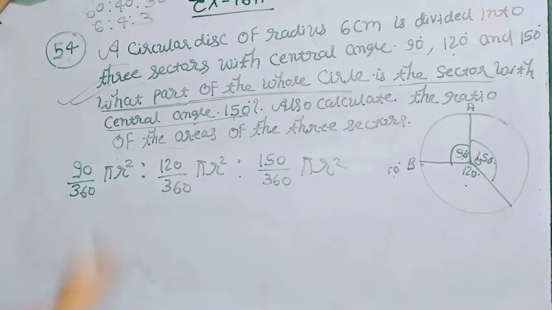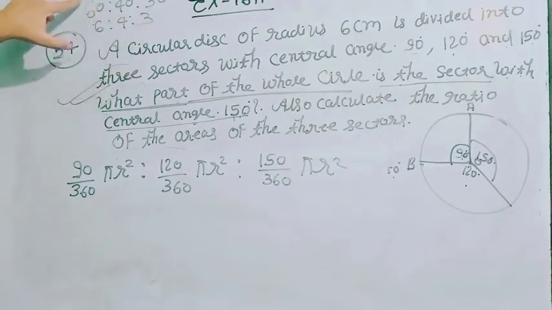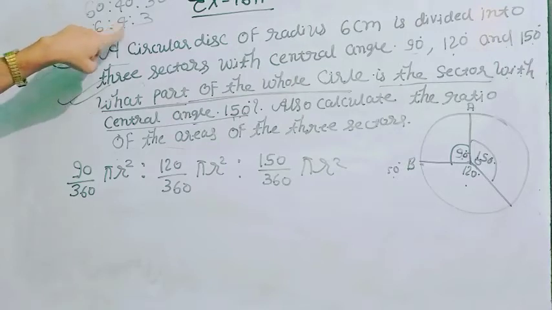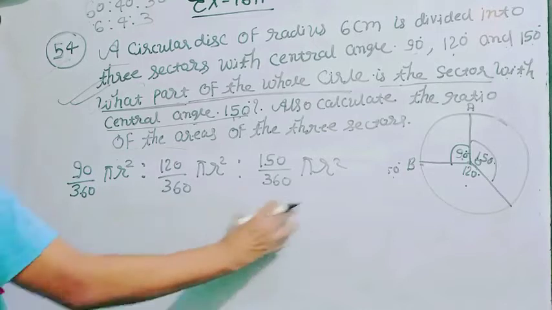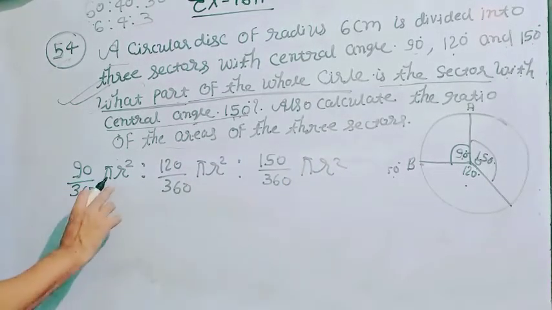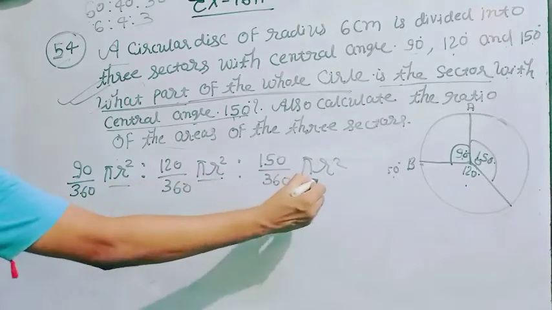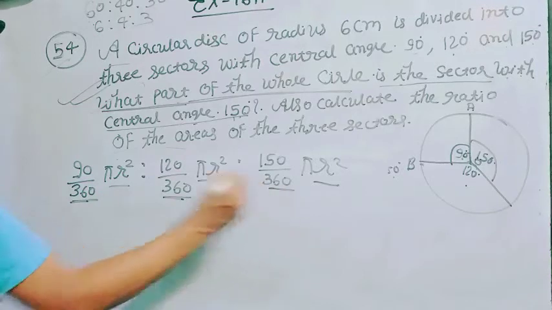Then the common part is removed from there. Then the actual ratio will be 6 ratio 4 ratio 3, but here 60, 40 and 30 are given, so you can write 6 ratio 4 ratio 3. Similarly here, what parts are common among them? Here is pi r square, there is pi r square, here is also pi r square. Here is 360, there is 360, here is also 360.